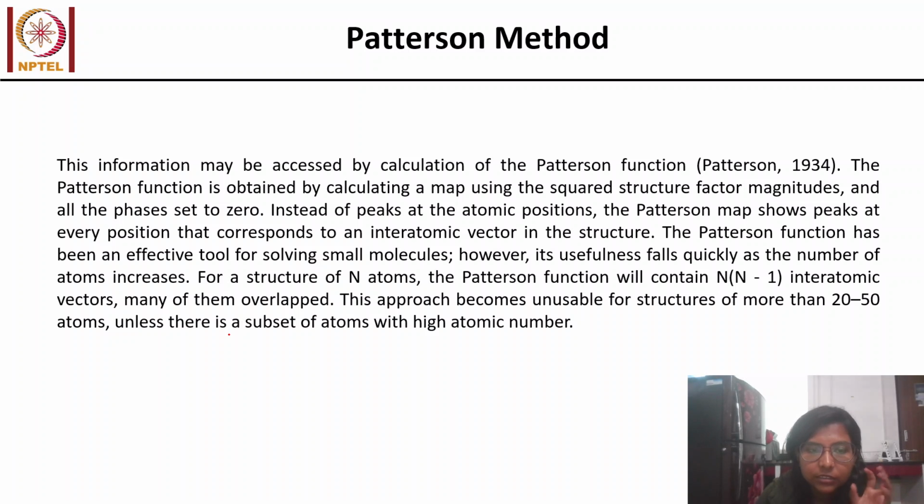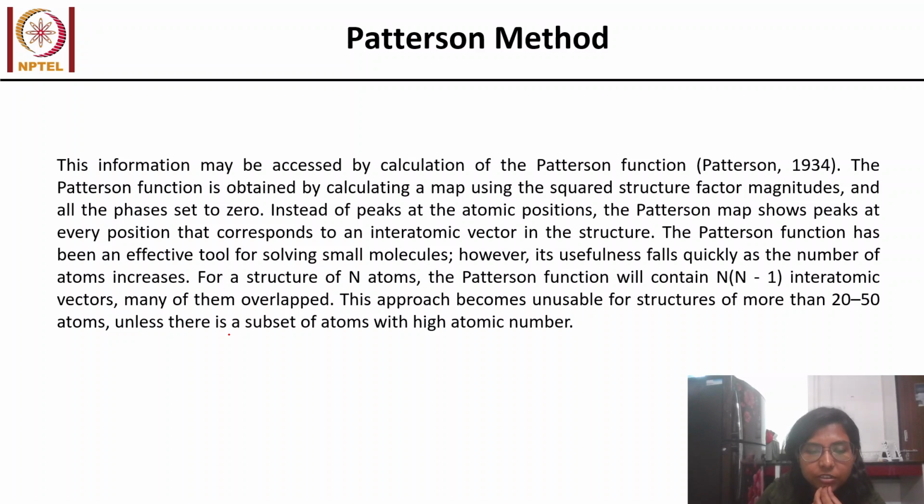The Patterson function is obtained by calculating a map using squared structure factor magnitudes, with all the phases being set equal to 0. Instead of peaks at the atomic positions, what does the Patterson map show? It shows peaks at every position which corresponds to some interatomic vector. Interatomic vector means a vector in between the atoms in the structure.